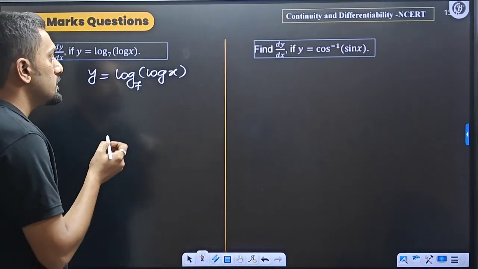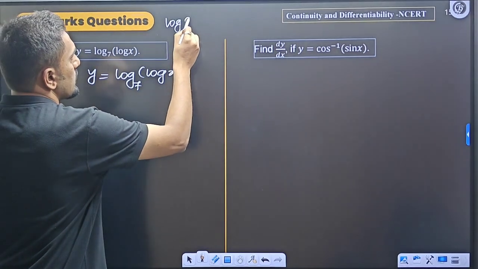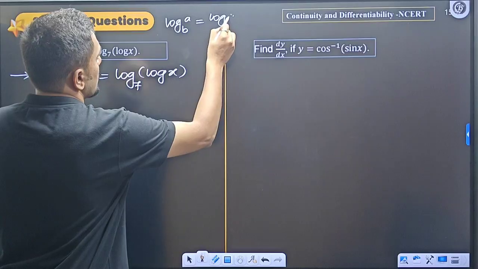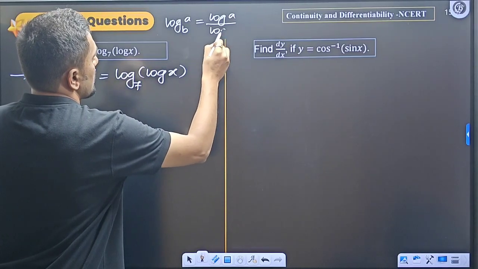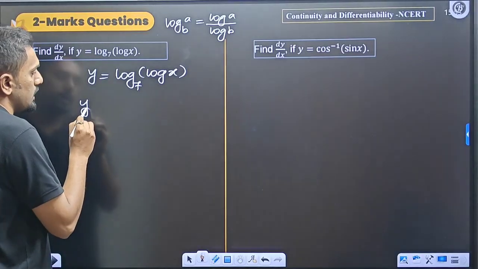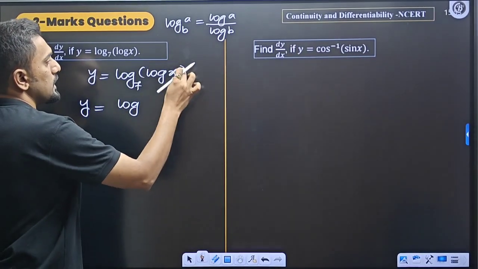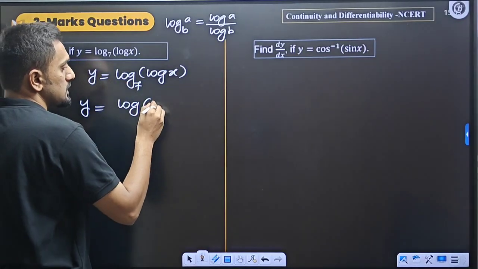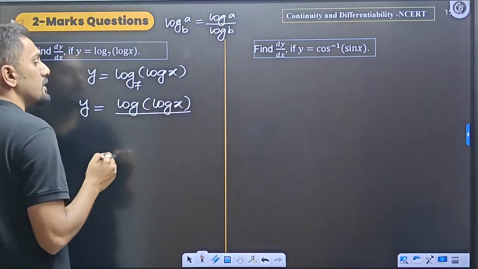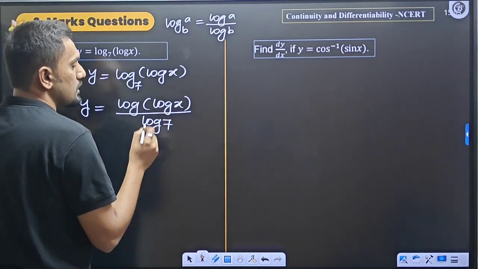Okay, apply the logarithmic rule: log a to the base b is equal to log a divided by log b. Use that rule. So then the function y is equal to log of log x in the numerator, divided by log of the base, that is 7.